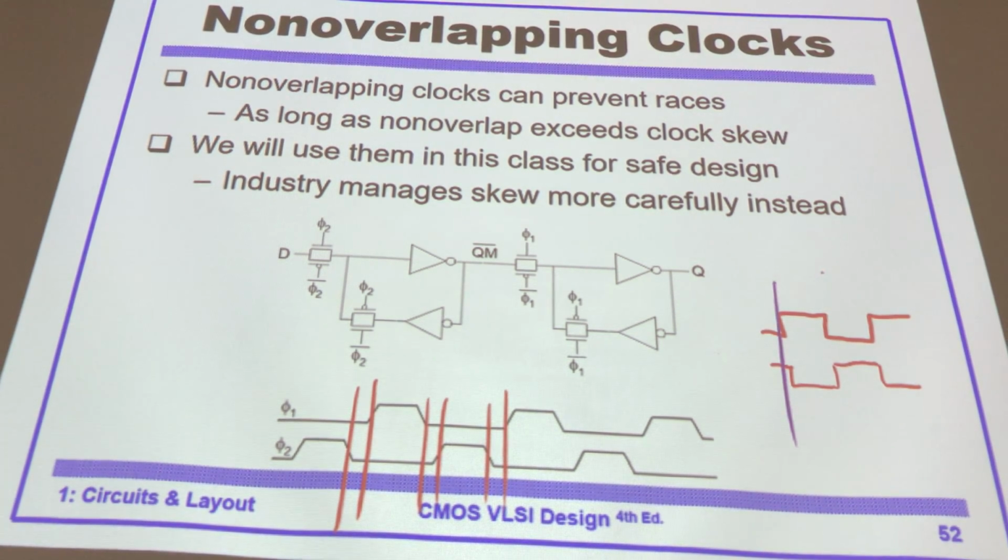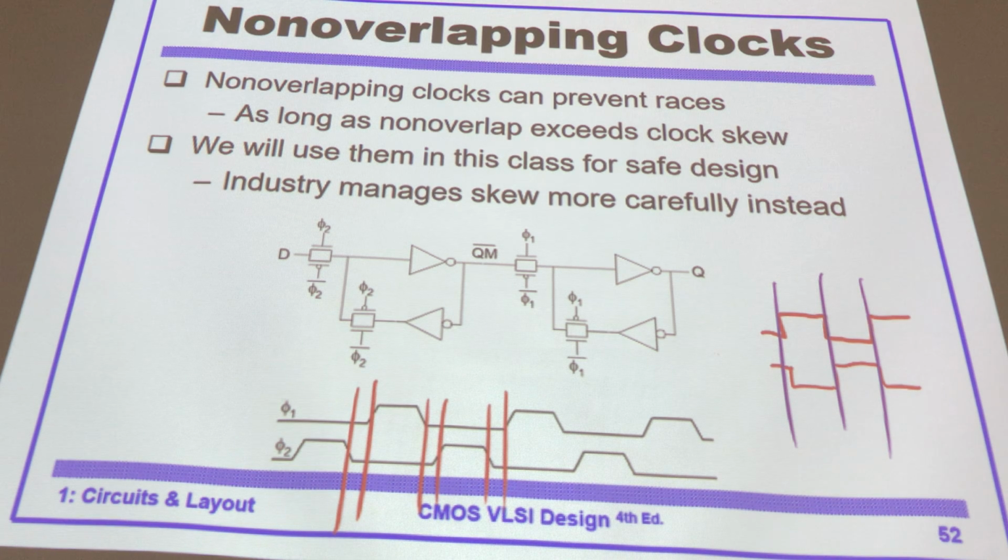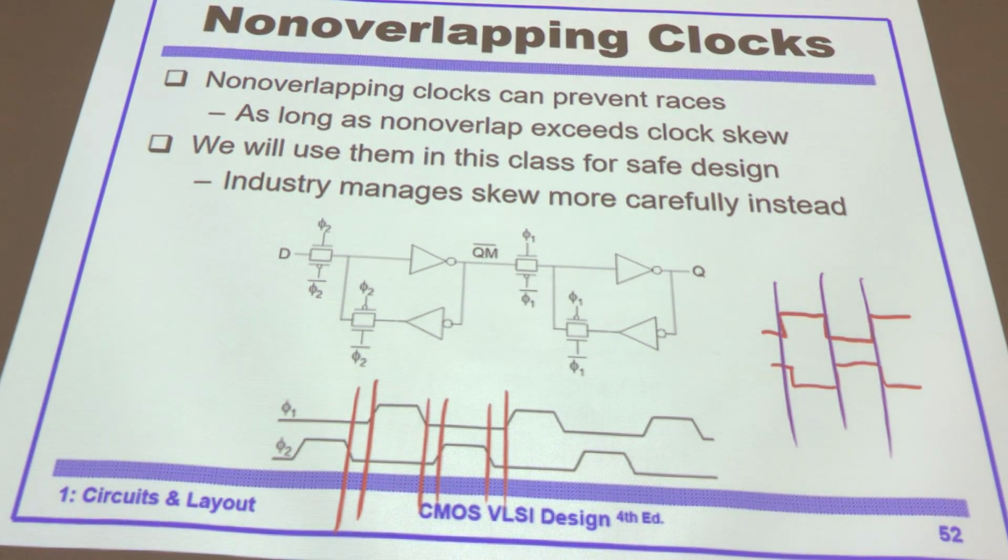In this design, phi 1 high, phi 2 low; phi 2 high, phi 1 low, but they are just exactly at the same time to go up and go down. But since there could be clock skew, another signal could be a little bit later than the first one. And then it occurs that both are high for a small period of time, which will cause problems because the signal can go through, right?